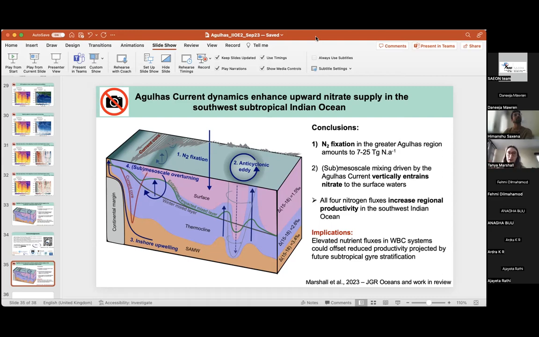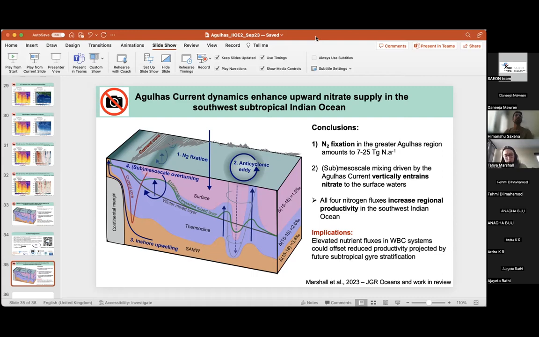This kind of meandering will increase cross-shore exchange. It'll basically erode that potential vorticity gradient, which means that the tropical waters and the subtropical waters will actually be able to mix. So increasing that cross-shelf exchange has probably meaningful implications for productivity.